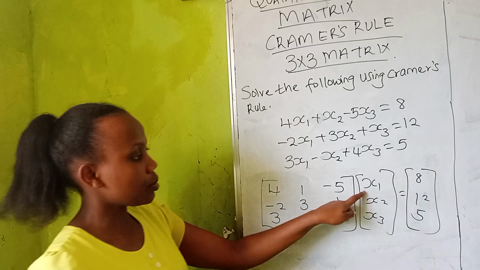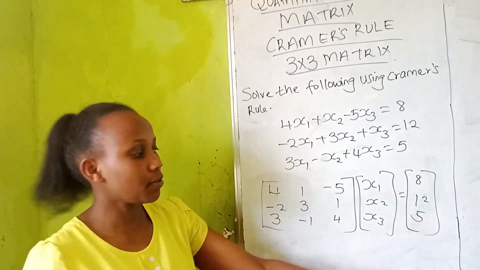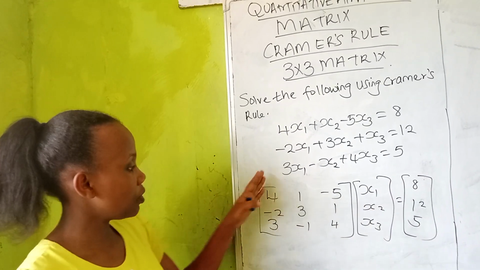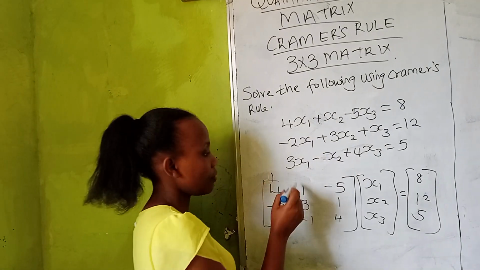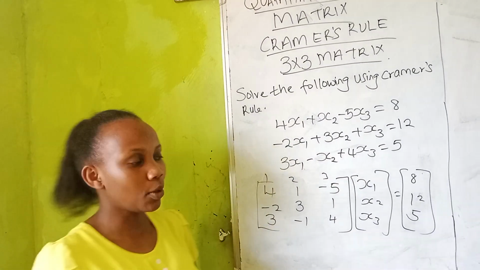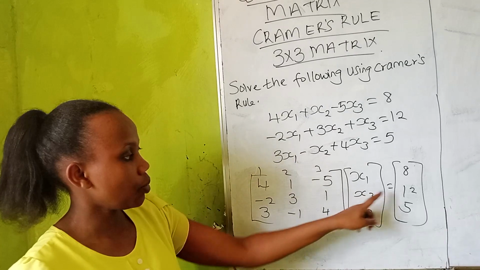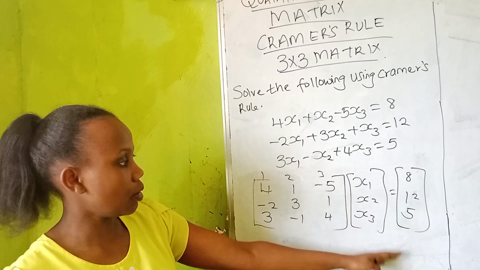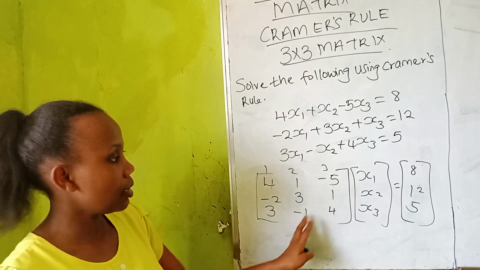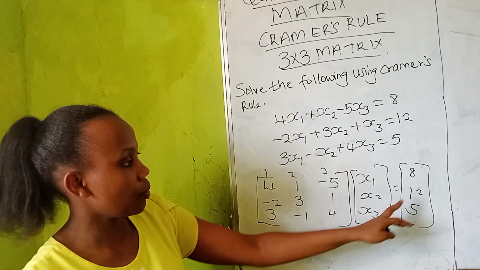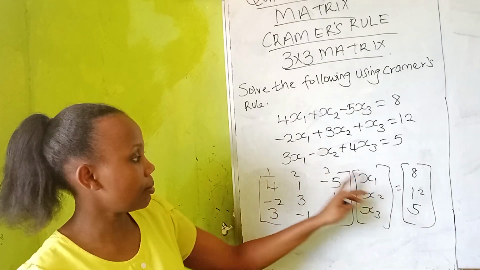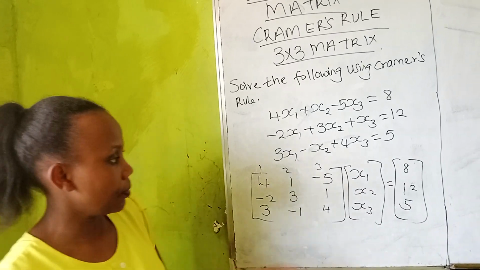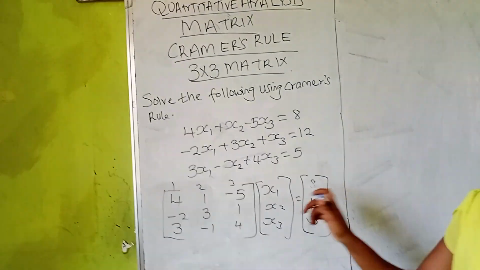So in order to solve x1, we are going to replace the total column in the first column. This is the first, this is the second, and the third column. To solve for x2, we are going to replace the total column in the second column. Then to solve for x3, we are going to replace the total column in the third column. So we are going to start with the value of x1.